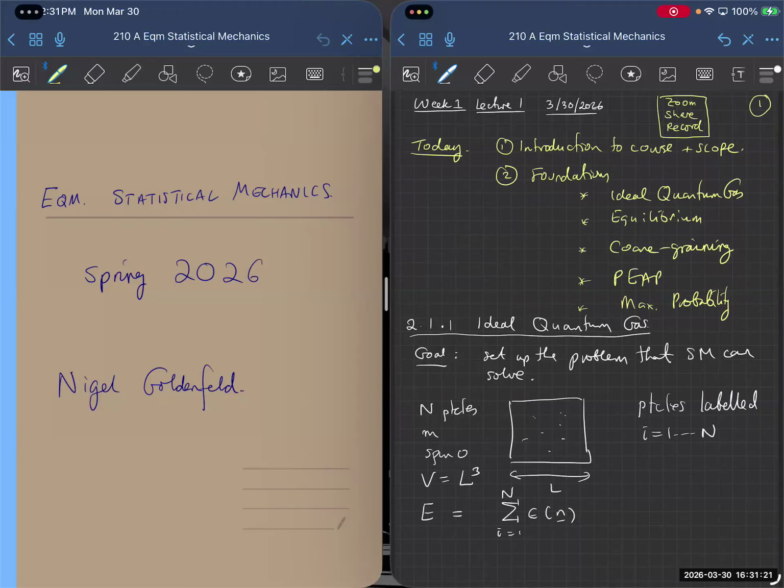The energy of the ith particle is epsilon of n equals h bar squared over 2m, times pi over L squared, times n x squared plus n y squared plus n z squared.